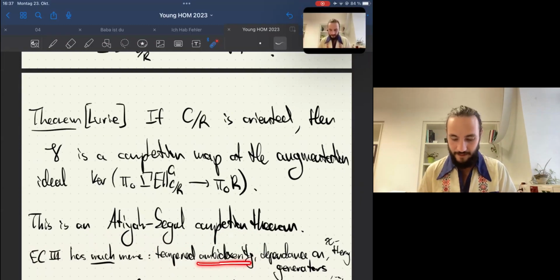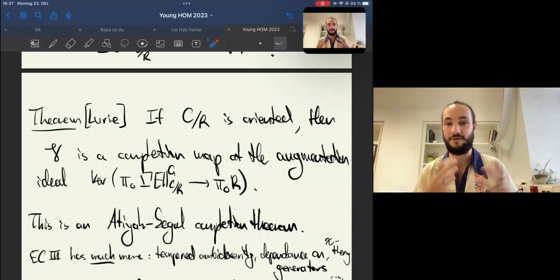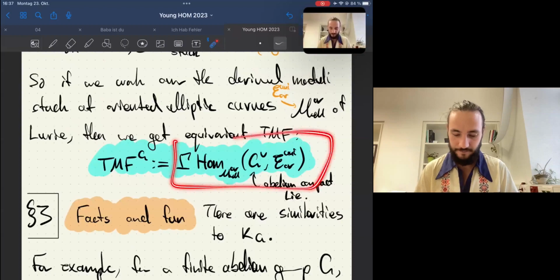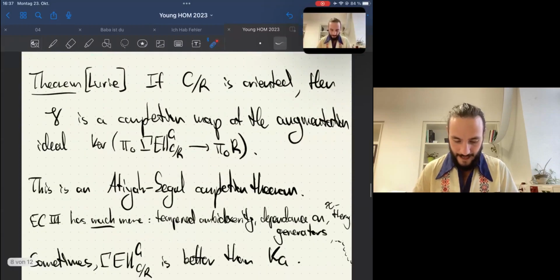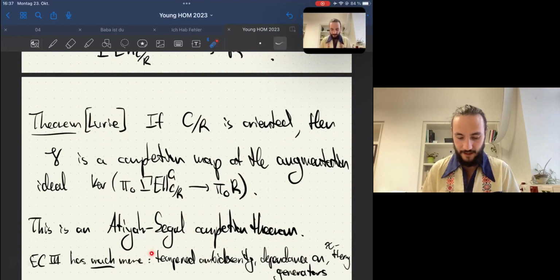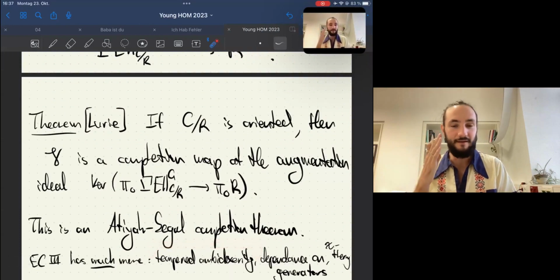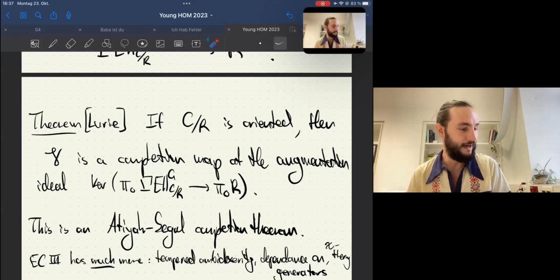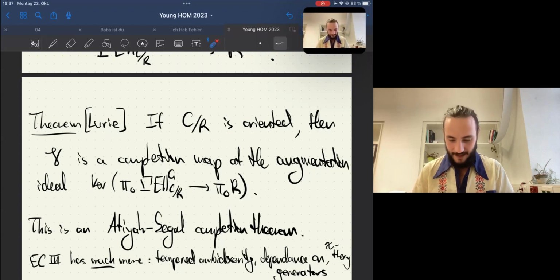This is a similar sort of ambidexterity phenomenon, but now it holds in the equivariant world. Tempered, to Lurie, means these sorts of cohomology theories defined by this sort of definition. And he proves some sort of ambidexterity theorem in this world, but without Tn or Kn localizing. It's a pretty remarkable setting to prove these sorts of ambidexterity results.